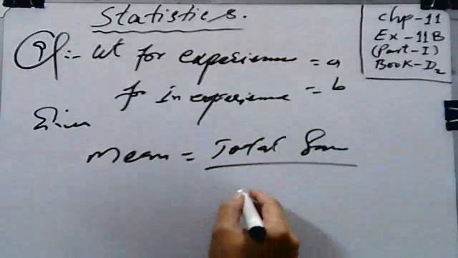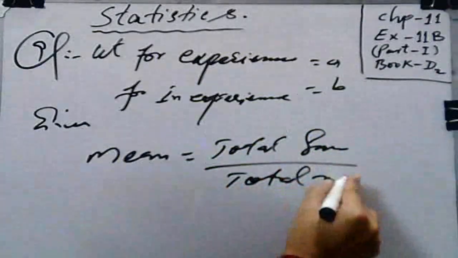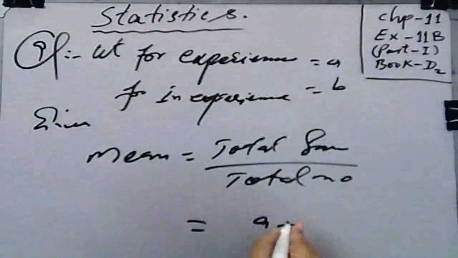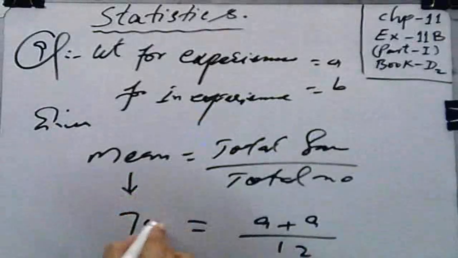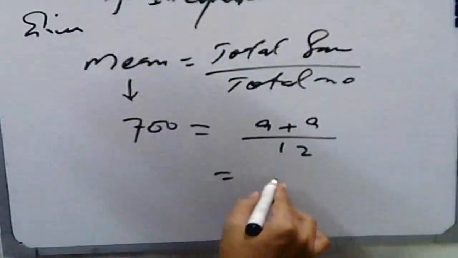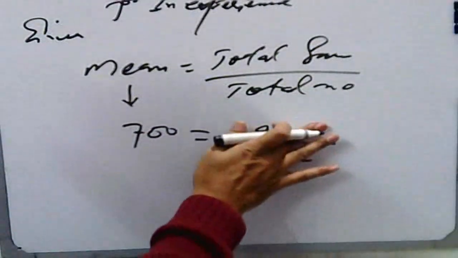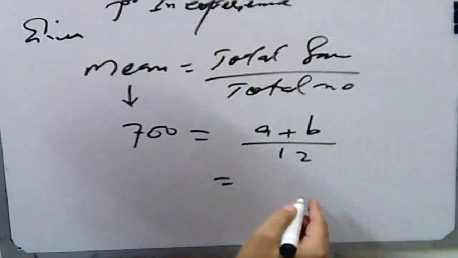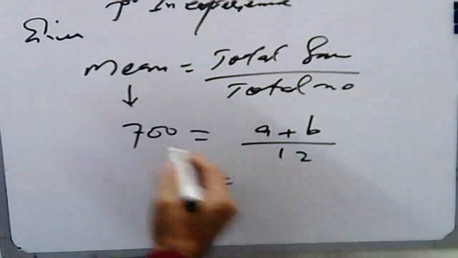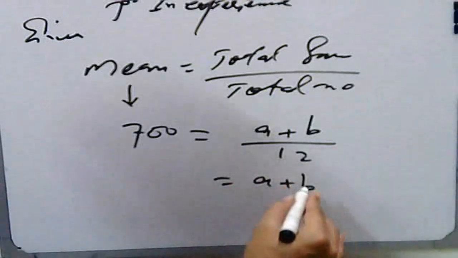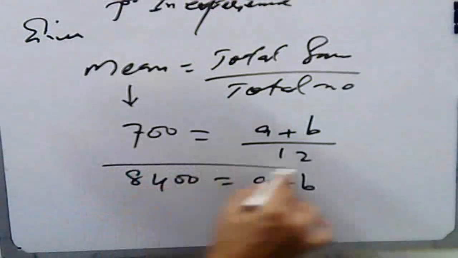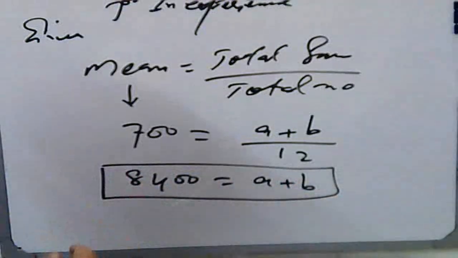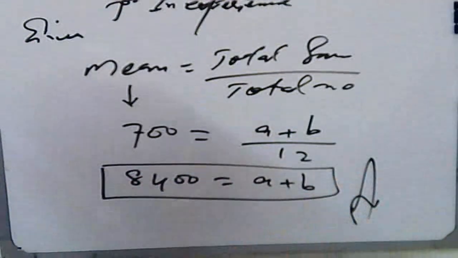So you can see here total sum is A plus B, total number is 12 given to you, and the value of mean is 700. So by using cross multiplication, the value of A plus B is 8,400. So A plus B is equal to 8,400 is your required result.